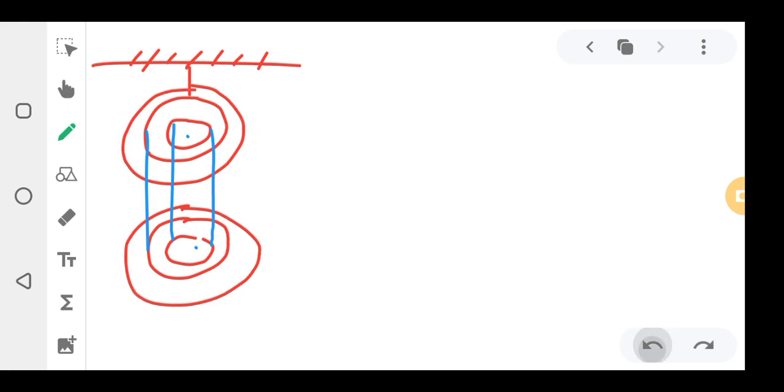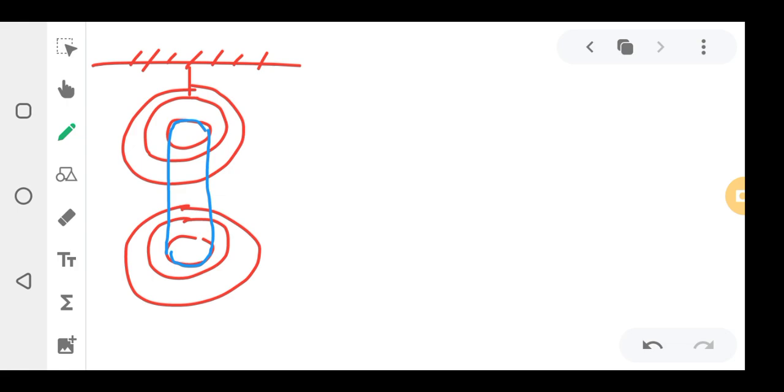Did I draw it properly so that I don't confuse you? This is a string, it goes like this, joins that pulley, it goes round on this, same way that side, and then joins with this pulley.